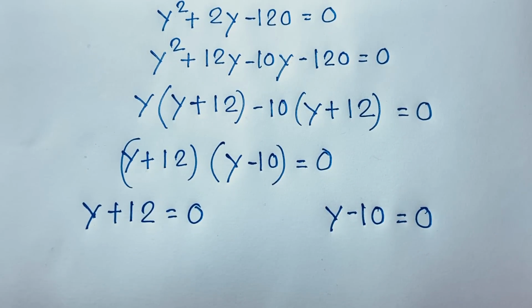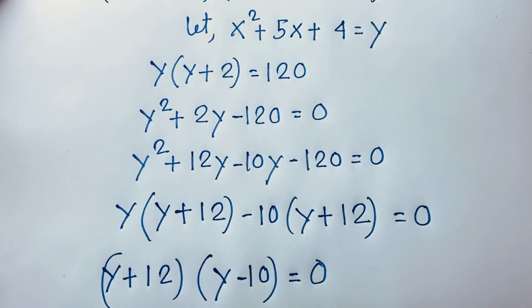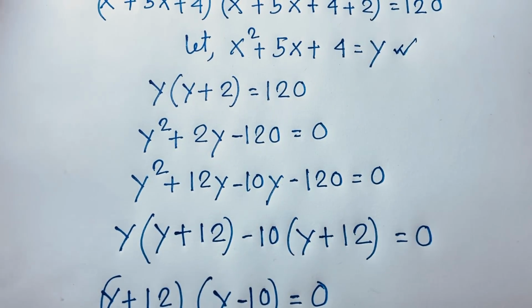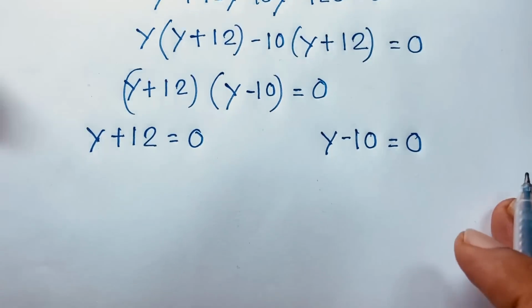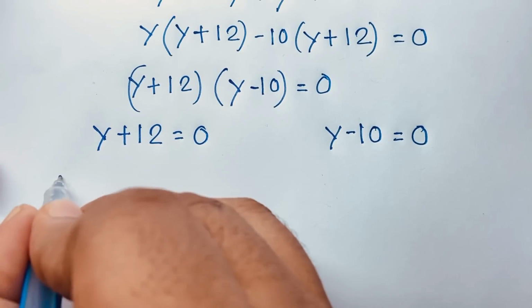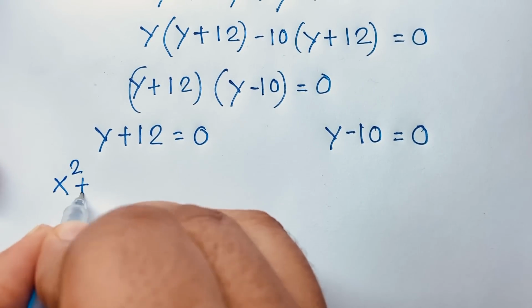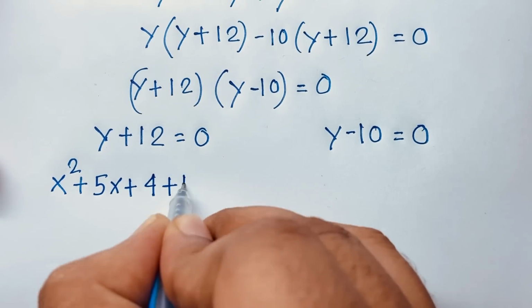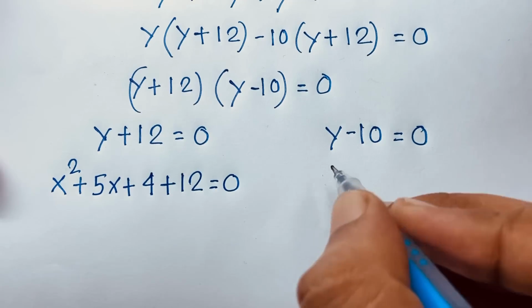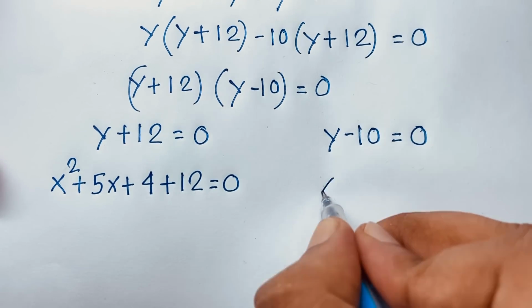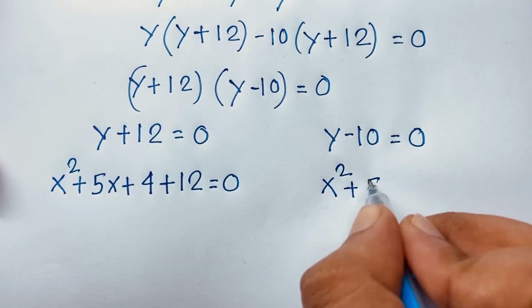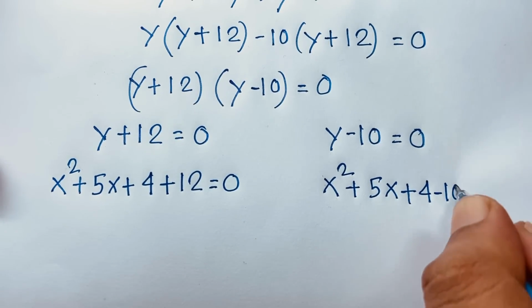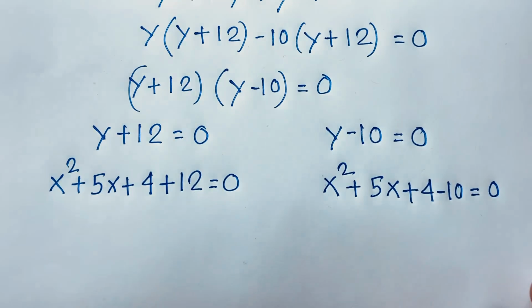But remember, y is equal to x squared plus 5x plus 4, so I put this value here. It will be x squared plus 5x plus 4 plus 12 is equal to 0, and in the same way, x squared plus 5x plus 4 minus 10 is equal to 0.